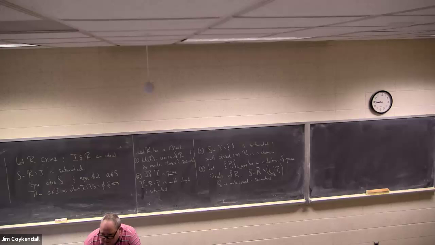That won't be a multiplicatively closed set in general, because you might have zero divisors that aren't nilpotent. Right, like for example, in Z6, throwing out all the nilpotents just means throwing out zero. And now it's not multiplicatively closed because you have 2 times 3 is 0, which is no longer in there.